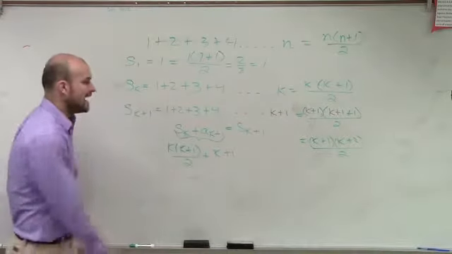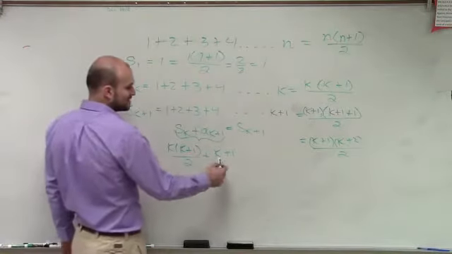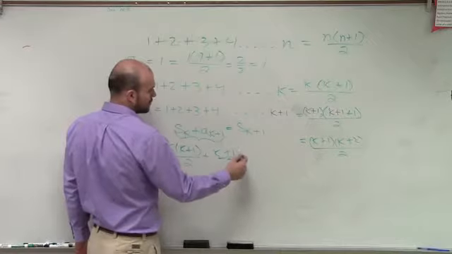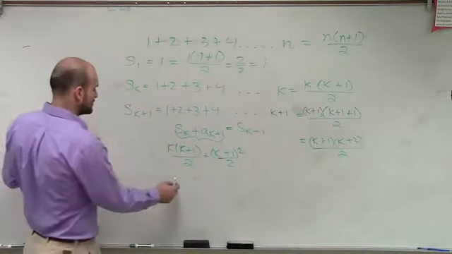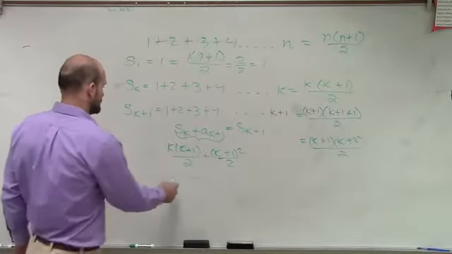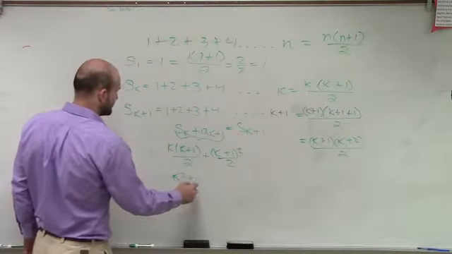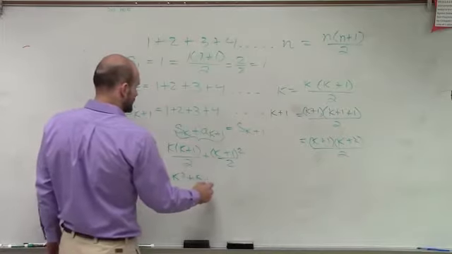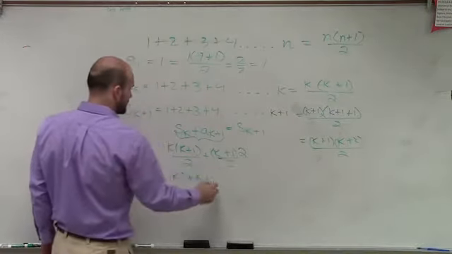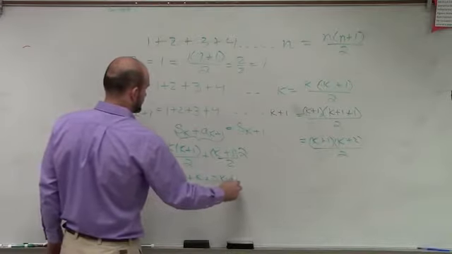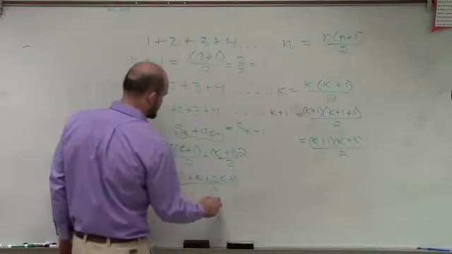OK, so now, if we have our two fractions, we need to get them together. So I need to multiply by 2 over 2. Now we can combine them: we multiply this to give k squared plus k, plus 2k plus 2, all over 2.